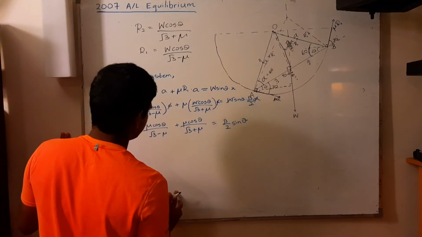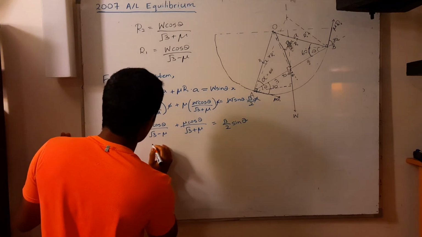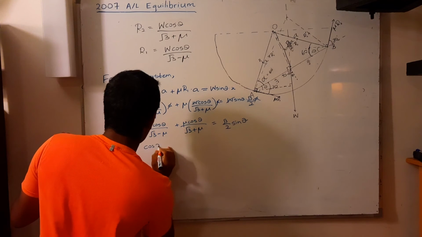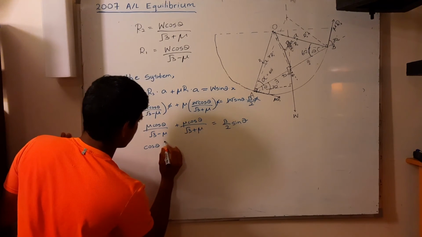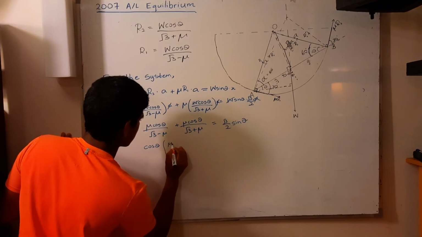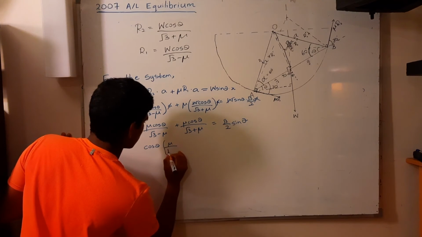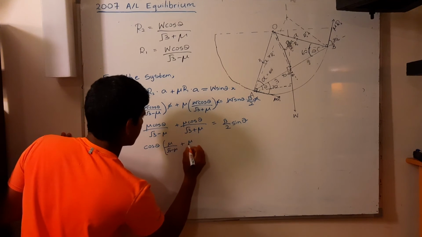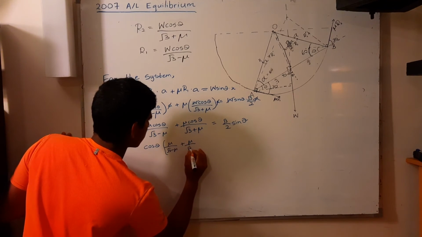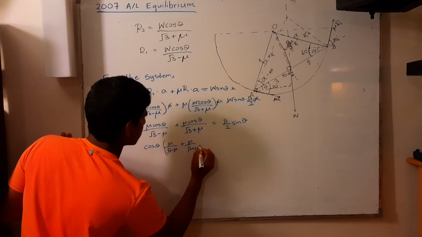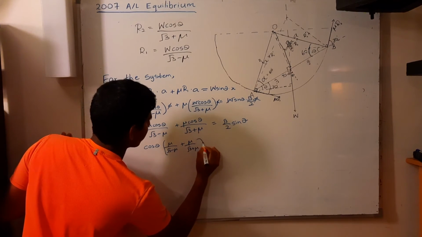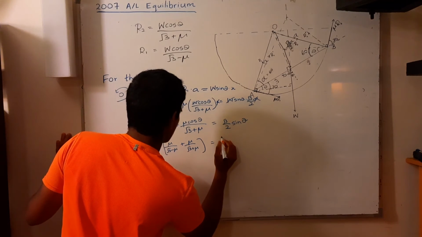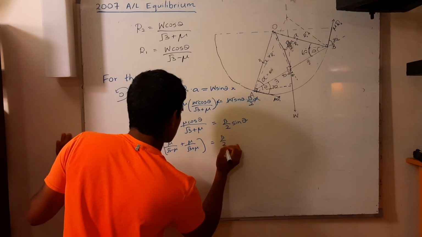Now if you can see, cos theta is common on the left hand side, so I'm going to take it out and keep it as mu times 1 over root 3 minus mu plus 1 over root 3 plus mu, equals root 3 over 2 sin theta.